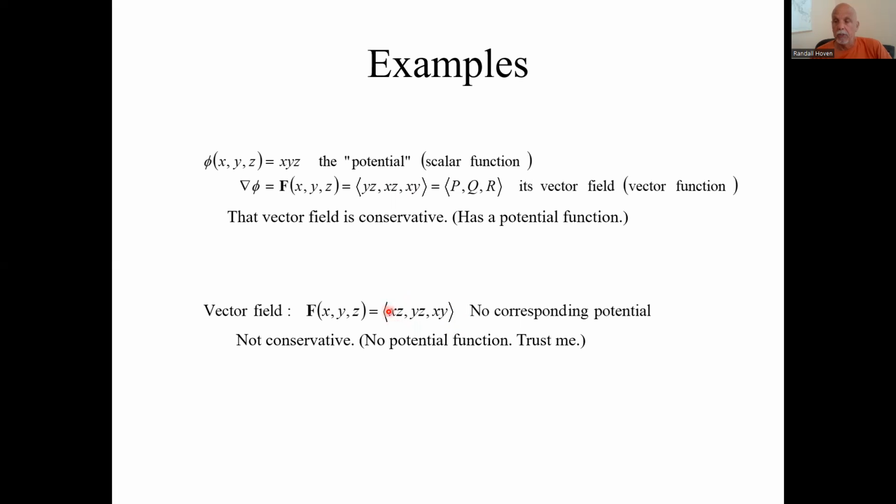This vector field, you get a vector for every x, y, and z. It looks kind of similar to this guy, just in general format. But trust me, it can't be generated from any scalar function phi. It has no potential function, so it's not conservative.